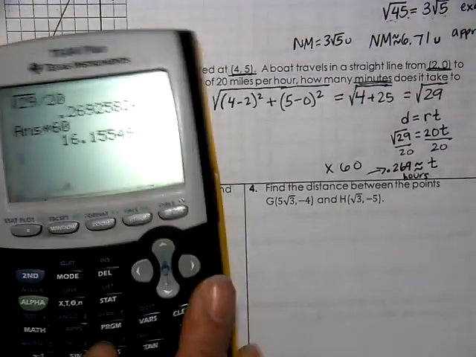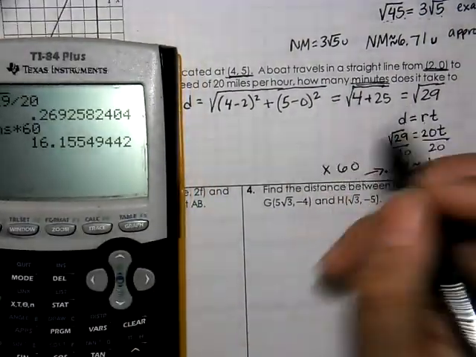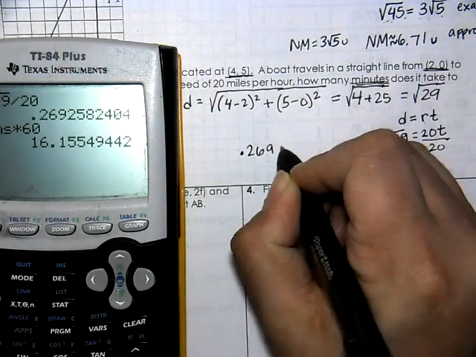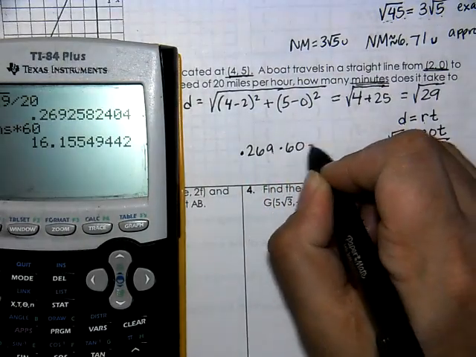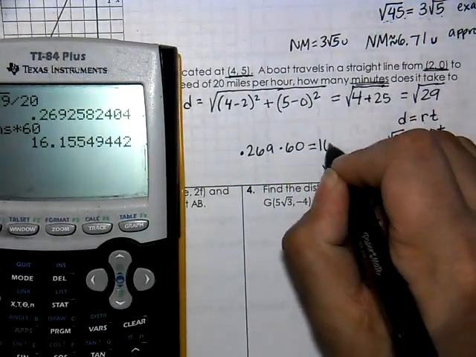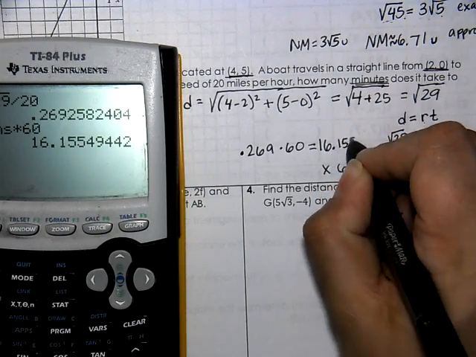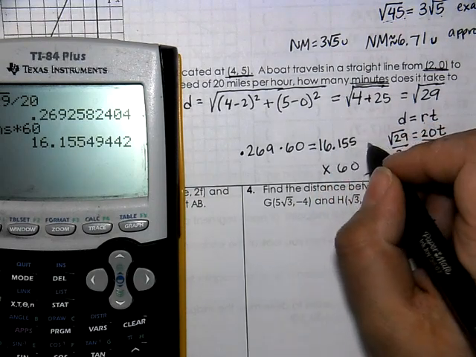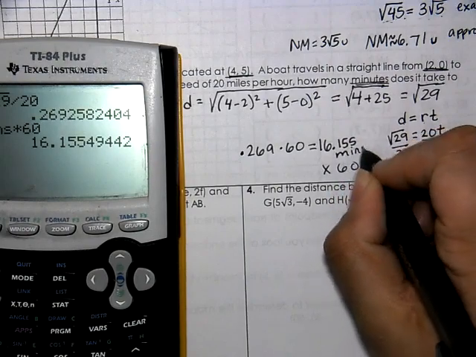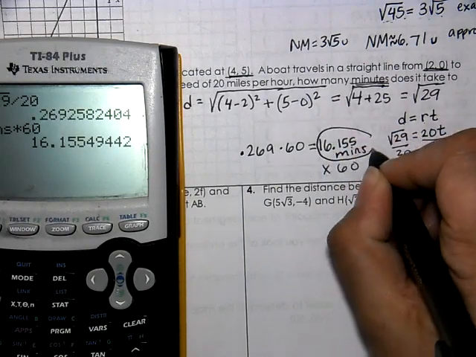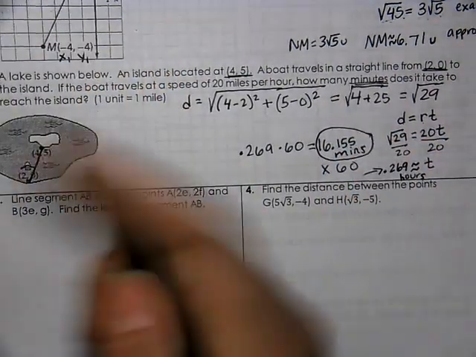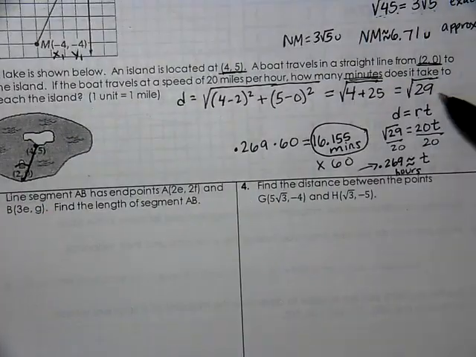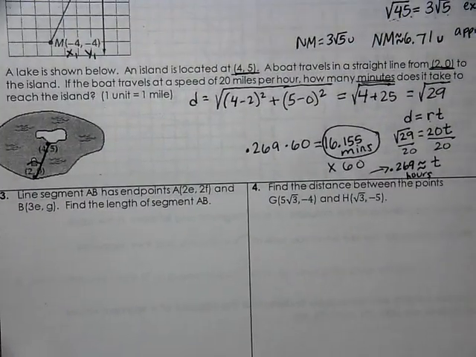It doesn't say how much to round to, so you can round how you want to. So 0.269 times 60 comes out to 16.155. And our units here, remember, are in minutes. So it's saying here that it's a little over 16 minutes that it takes the boat to travel from here to here because of the distance that we knew of.